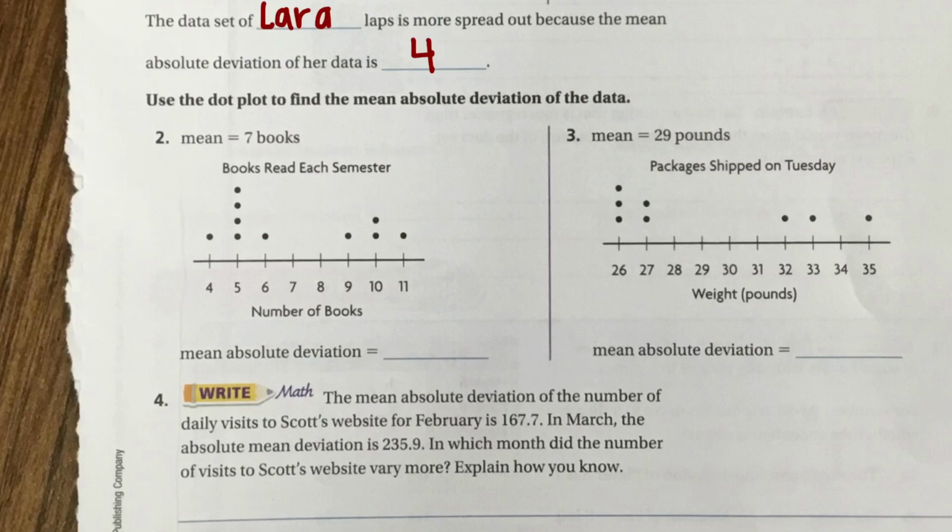So for each dot, and it tells me my mean is what? 7. So now I want to know the distance between 7 and, so this number is 4. So what's the distance between 7 and 4? 3, and I have one of those. What's the difference between 5 and 7? 2. And I have 4 of those. What's the difference between 6 and 7? 1, and I have one of those. What's the difference between 9 and 7? 2. I have one of those. 10 and 7? 3.